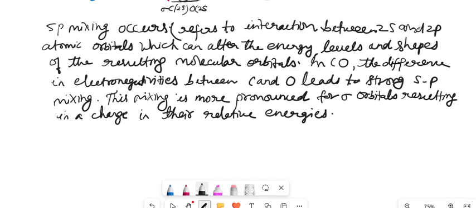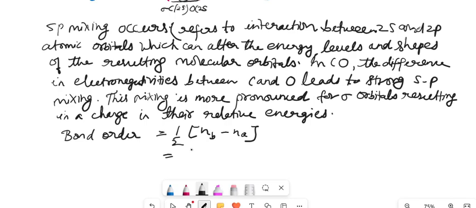Now, bond order can be calculated by counting the electrons present in bonding molecular orbitals and anti-bonding molecular orbitals. That is half of Nb minus Na. Nb is 8 and Na is 2.